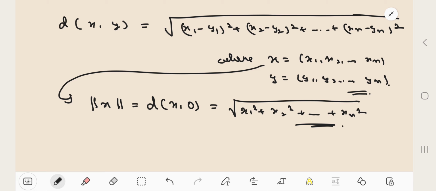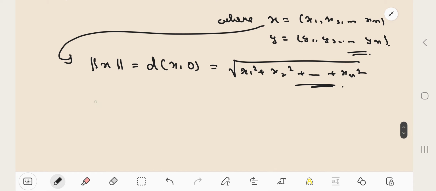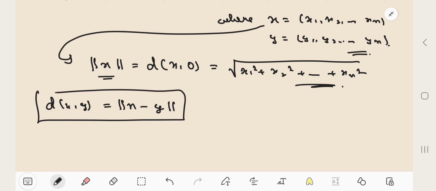This is called the standard norm over Rn, and this is called the standard distance, the standard metric over Rn. In fact, if we have a well defined norm, then the distance between x and y can simply be written as the norm of x minus y. Clear?